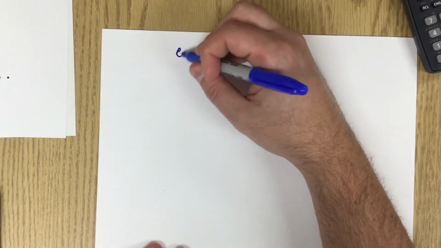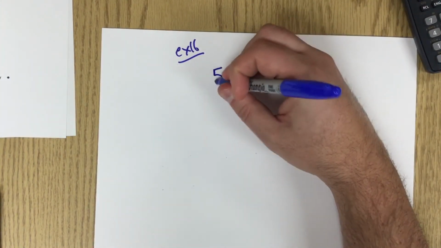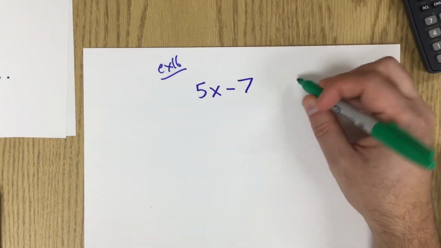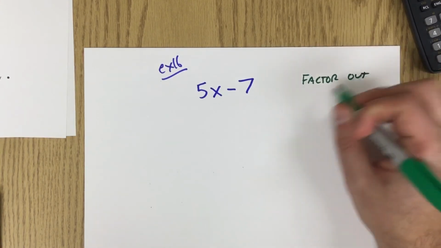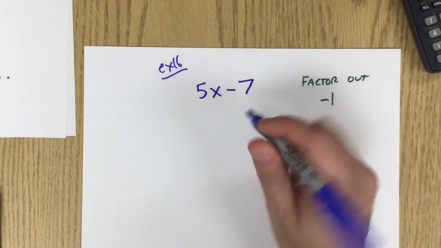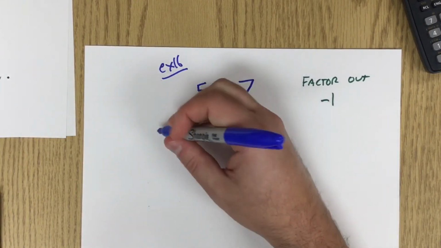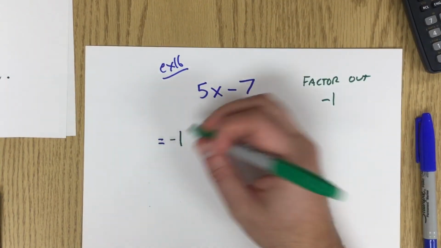The actual last one I'm going to do, this is just kind of a neato thing. Let's say for example, I told you to factor out negative 1, because really this does not common factor nicely. There's nothing in common with 5 or 7. But we can actually just do it anyway. So I'm going to factor out a negative 1.